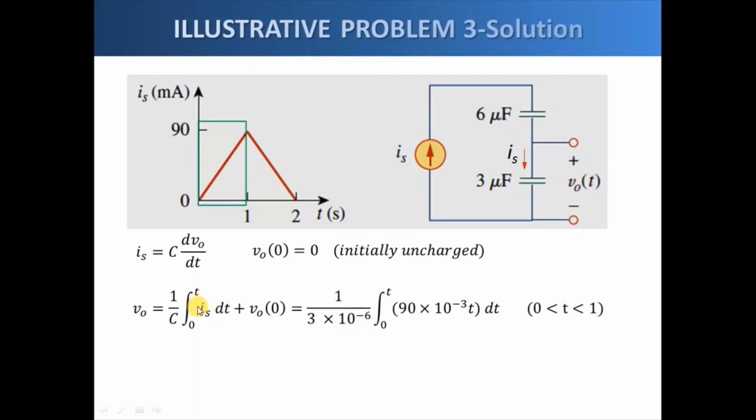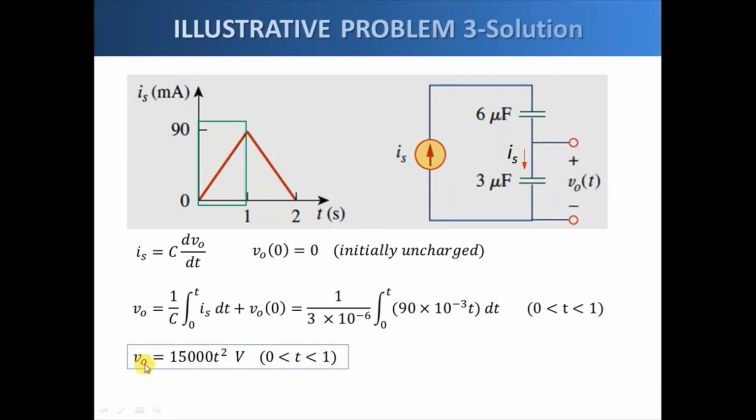So first we need to identify the function I sub s between 0 and 1 second. This is a straight line, and that is actually 90 times 10 to the minus 3 t. So we substitute the function in the integral, and solve for the integral and V sub O. So this is the voltage across the 3 microfarad capacitor between 0 and 1 second.